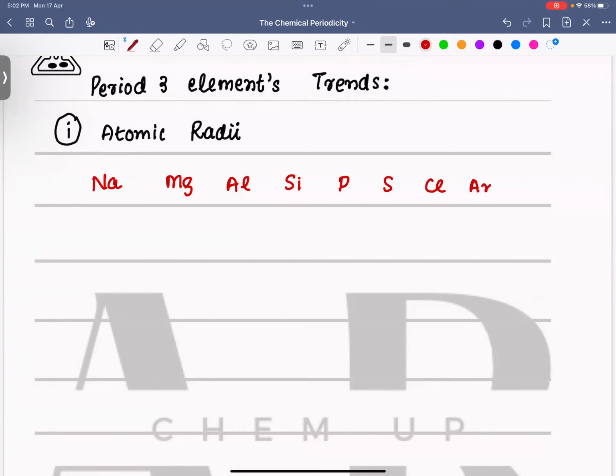If we look at their number of protons, sodium has 11, magnesium 12, aluminium 13, silicon 14, phosphorus 15, sulfur 16, chlorine 17, and argon 18.